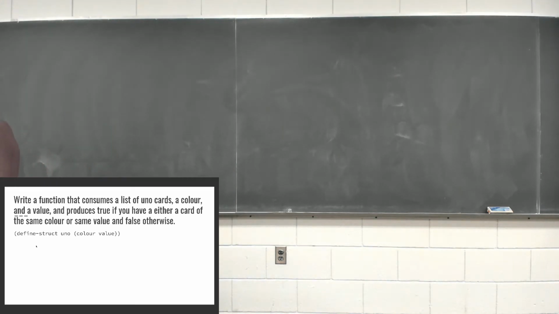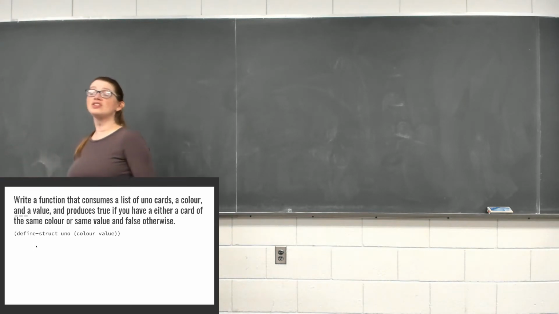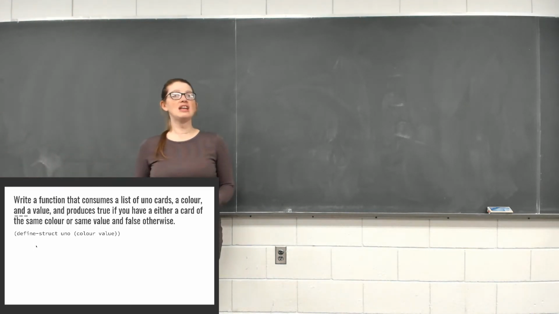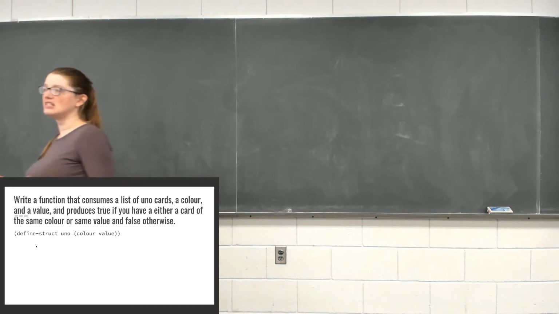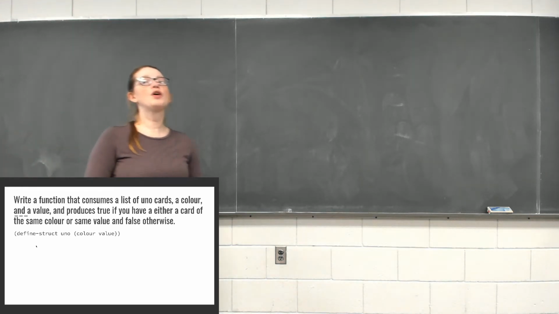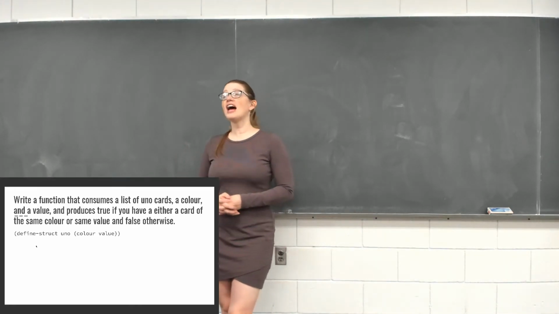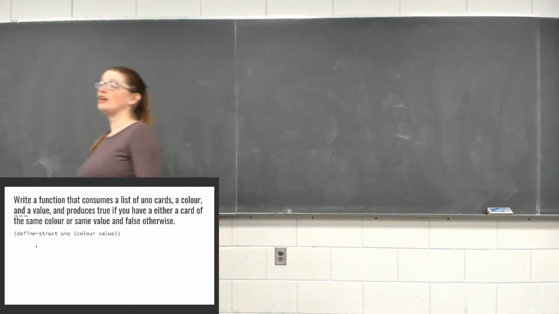So our base case, of course, is if the list of cards is empty. If we've managed to get to the end of the list of cards and we haven't found anything, that means it doesn't exist, so we're going to produce false. Now, for a non-empty list, I'm going to check to see if the first card in the list has the same color.